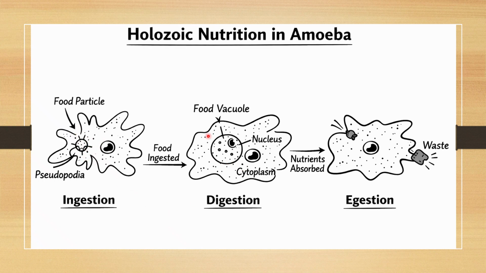Later, all these food particles are taken in by the food vacuole, which contains different types of digestive enzymes. With the help of these food vacuoles, the food is digested inside, and later the undigested food material is thrown outside through the general body surface. So this is how holozoic nutrition happens inside the protozoans.